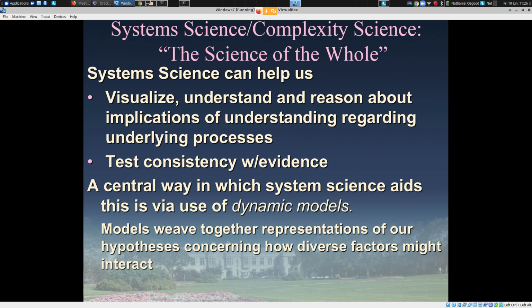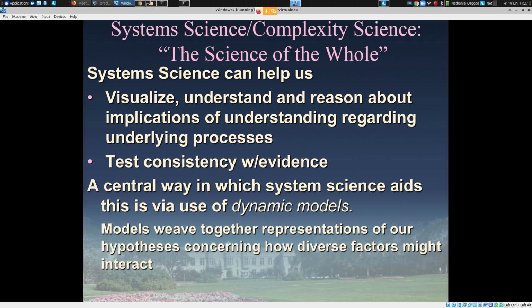Recognizing the whole is different than the sum of parts, any more so than a person is just more than their atoms. System science is a broad set of methods that can help us visualize, understand, and reason about these underlying processes we're dealing with. And they allow us to test, as I indicated earlier with this model, consistency with evidence.